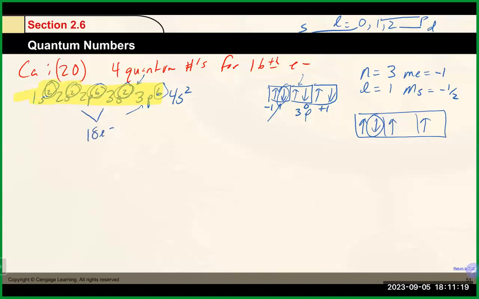And if we go to the periodic table, the element that has 18 electrons is argon. So we can put argon in little brackets there and continue on with the electron configuration: argon 4s2. This is sometimes referred to as noble gas configuration.